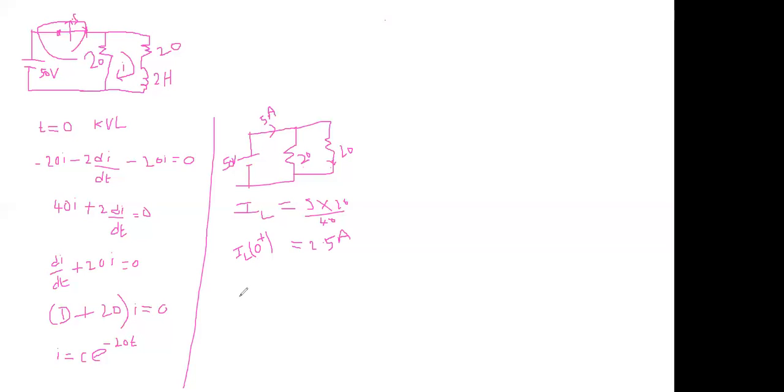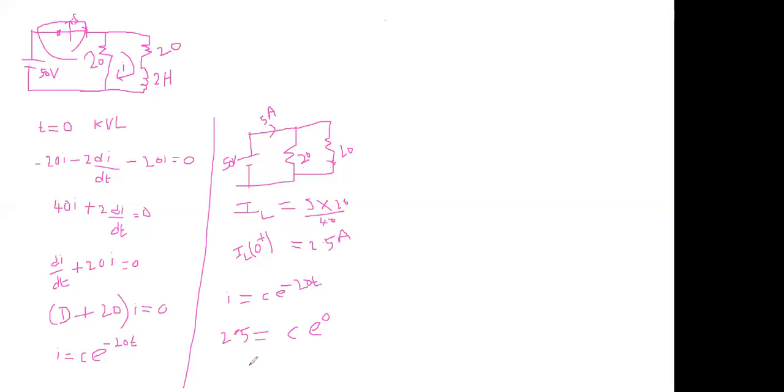Then what is the current equation? I equal to C into e power minus 20t. At t equal to 0 plus, the current value is 2.5 ampere. So 2.5 equals C into e power 0, since 0 plus means e power 0.